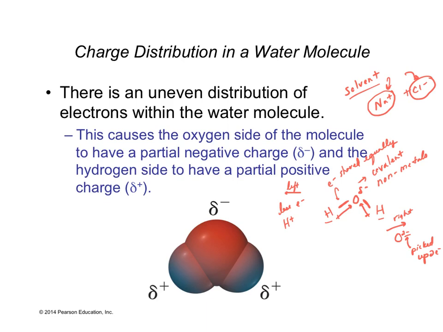That is what this is supposed to be showing. And then hydrogen, on the other hand, loses its electrons, so it develops a partial positive. So this is the electrostatic basis for why there would ever be any type of water interaction with both cations and anions.